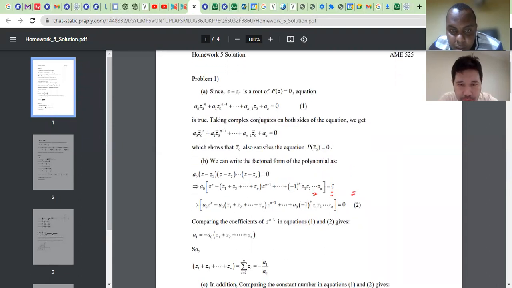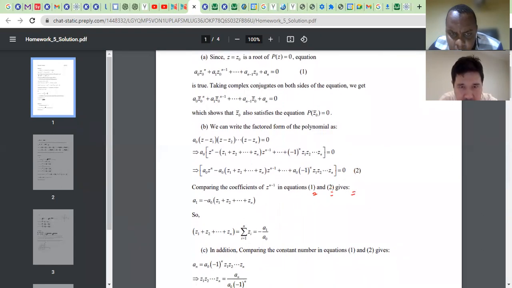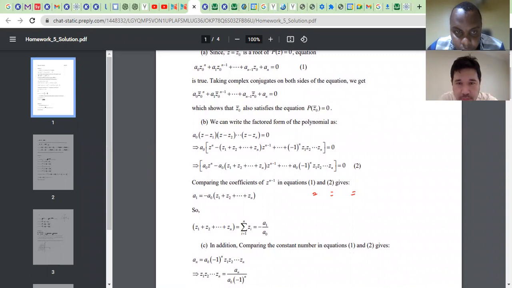So if we write it in that factored form, let's say 1 over A, Z minus Z1, Z minus Z2, times negative 1 to the power of n.